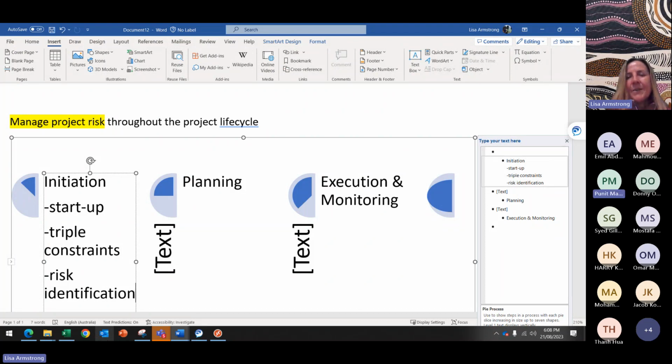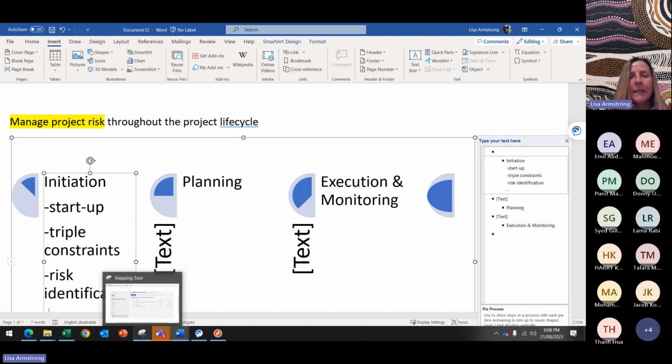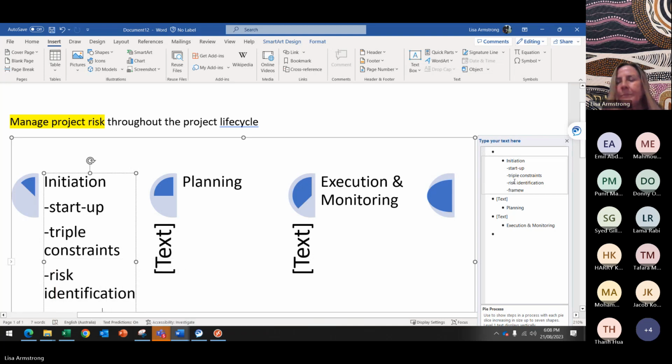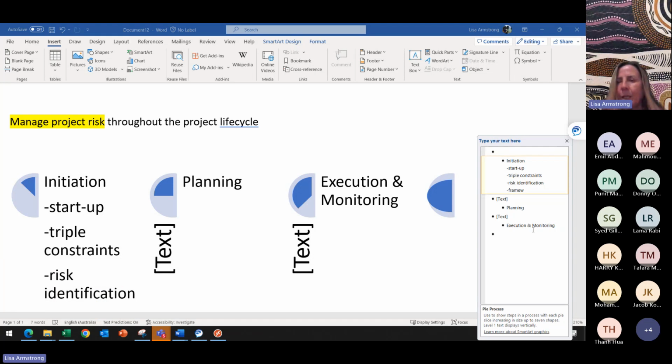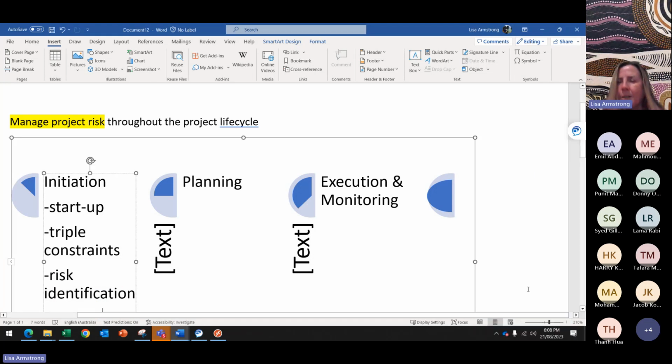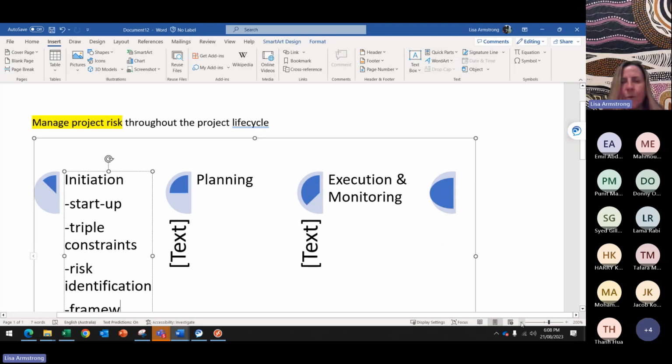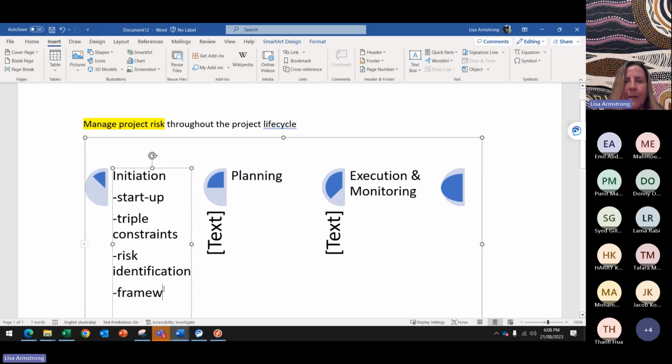Lisa, you basically make a framework for the project that you're undertaking. Yeah, very good. So we have a framework for our project, but just as importantly, a framework for also managing risk. Sorry, guys, I'm doing a little bit of work here to get this on the screen.